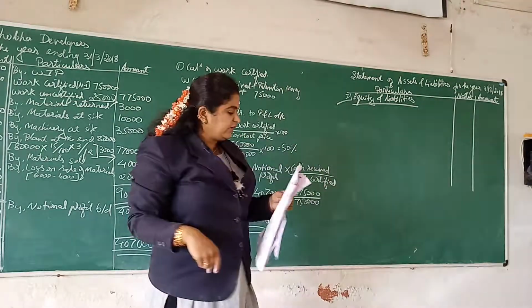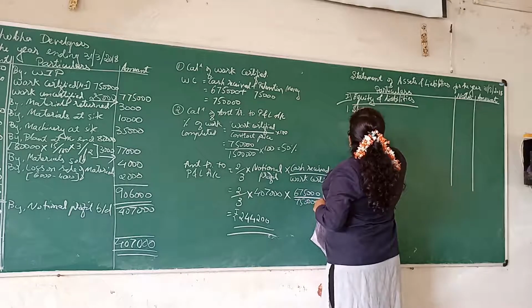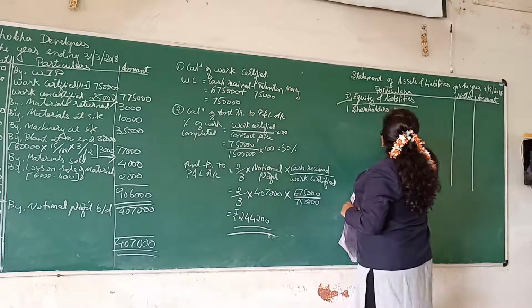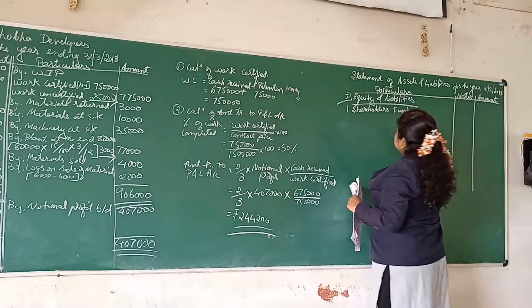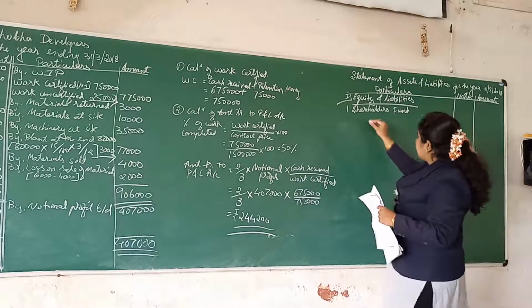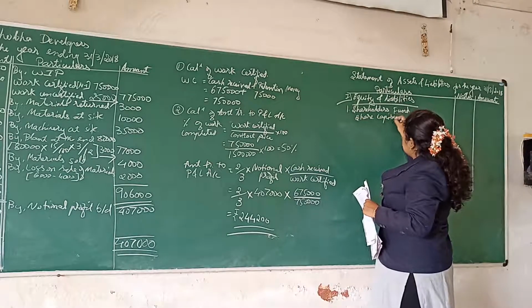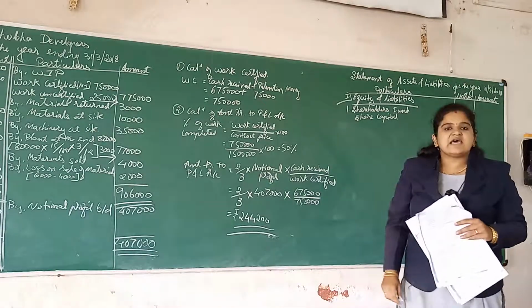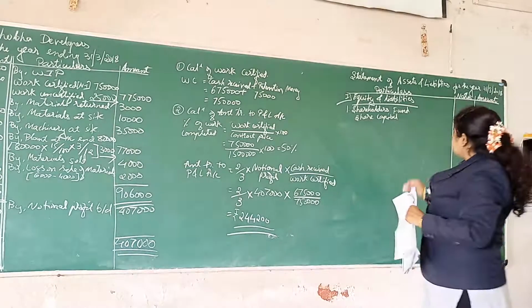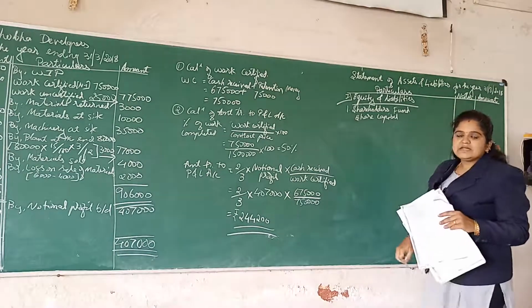Now in that we have shareholders' fund. The first point is shareholders' fund. In that we have share capital. Now just check in the problem whether they have given share capital. They have not given share capital, so the amount column is nil.